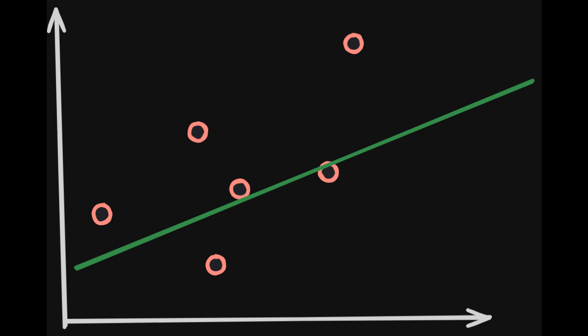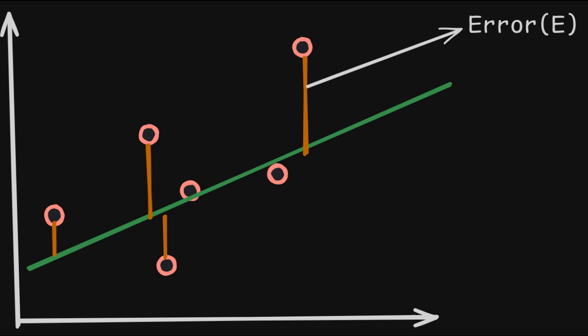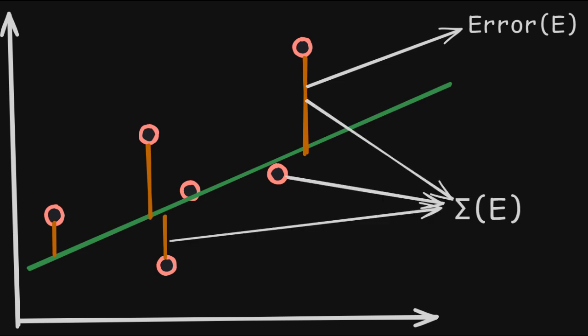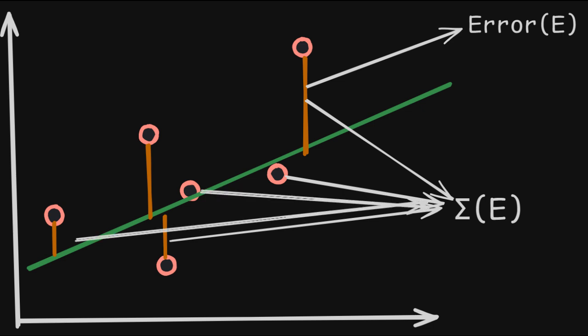So let's consider this green line which has been randomly placed in the data set. Now we will calculate the distance of each data point from the green line. This distance is called error, and the sum of all the distances of all the points from the green line is called the summation of the error.